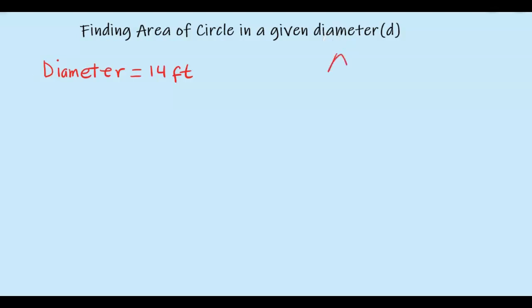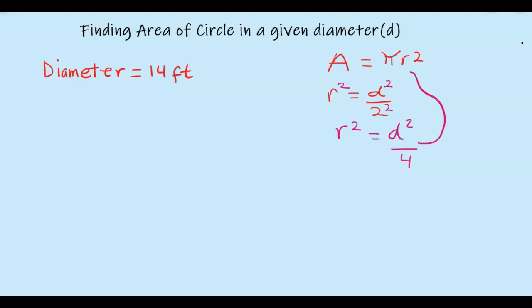So we know the formula of the area in terms of radius as pi r squared, and the relationship between radius and diameter is that radius is half the diameter. Therefore, r squared is equal to d squared over 2 squared, which is d squared over 4.